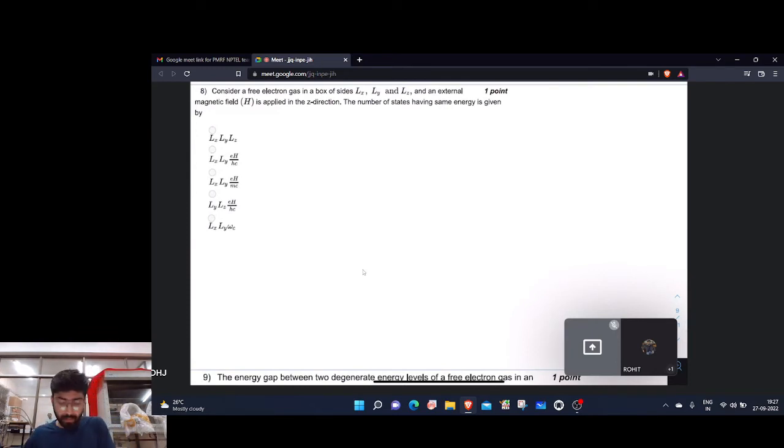So next question is: consider a free electron gas in a box of side Lx, Ly and Lz, and an external magnetic field H is applied. The number of states having the same energy is given by. Now to understand this, let me take an example.